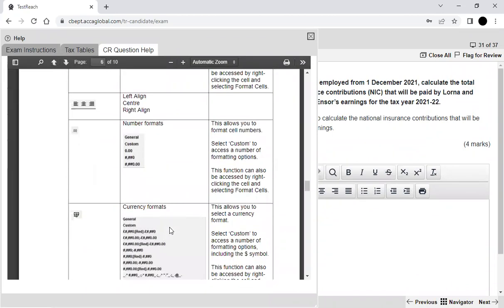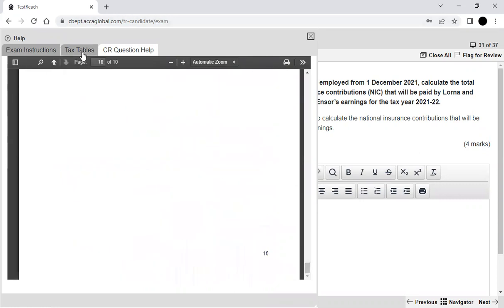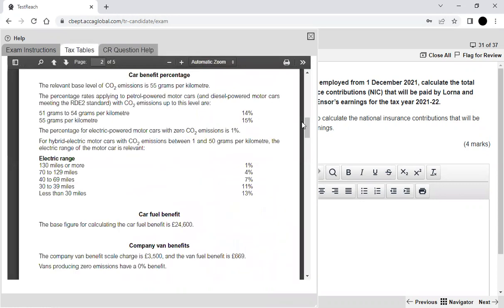So this is the table relating to the CRQs. And this is the text table which will be given to you.